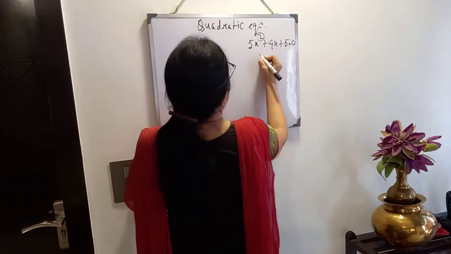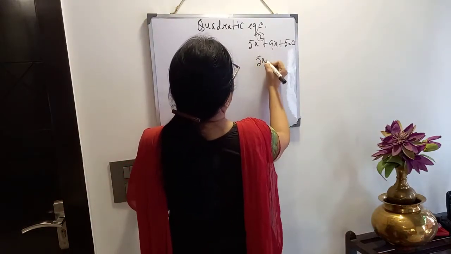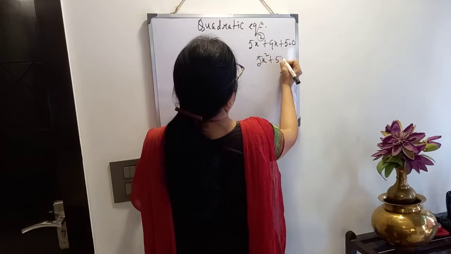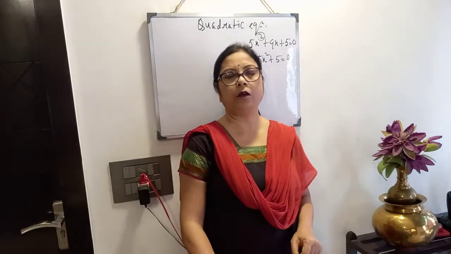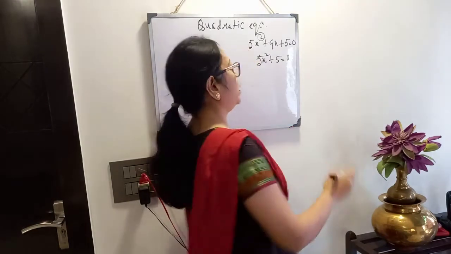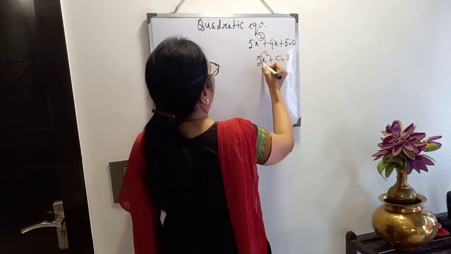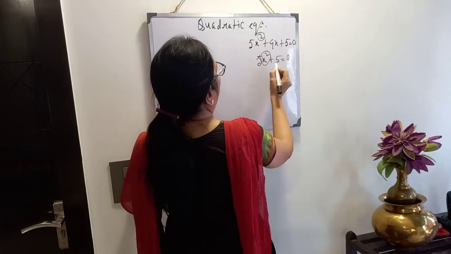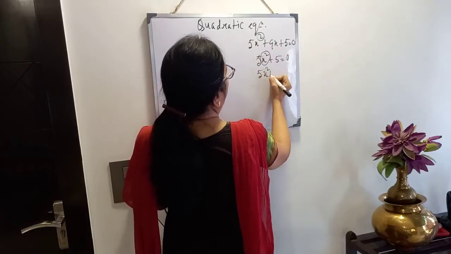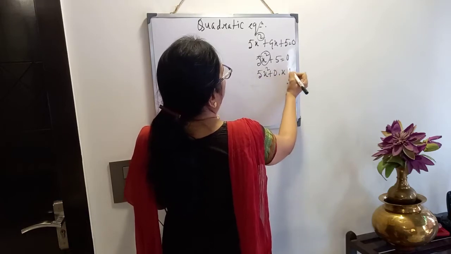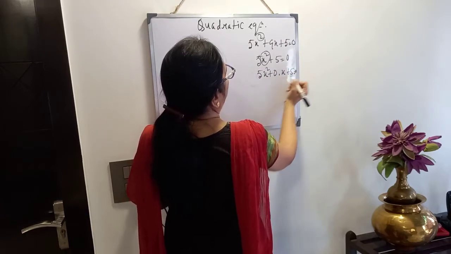Now if the equation is in this form, 5x square plus 5 equals 0, is it a quadratic equation or not? Yes, it is also a quadratic equation. Since the highest power of the variable is 2, but it is not in that form, we can make it in that form. In this way, 5x square plus 0 into x plus 5 equals 0.